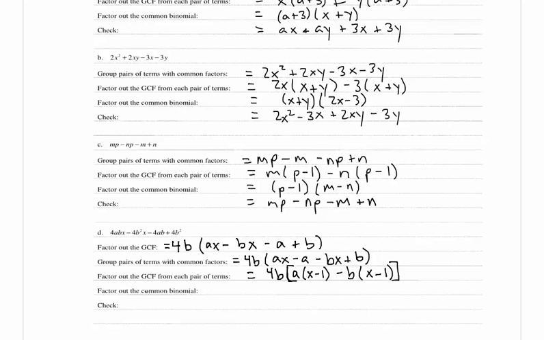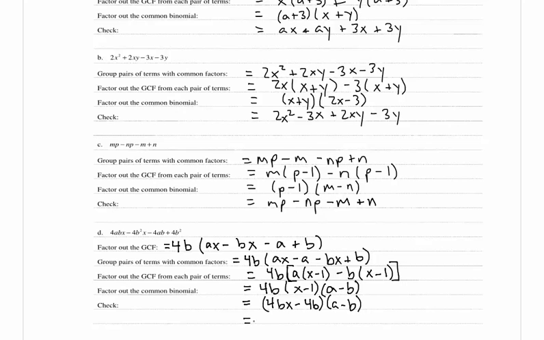And now we want to factor out the common binomial, so I'm going to have 4b, and our common binomial is x minus 1. And when we factor out x minus 1 from inside the brackets, we're left with a minus b. And now they want us to check. So in order to multiply our three factors together, I'm going to first multiply 4b by x minus 1, and I get 4bx minus 4b times a minus b.